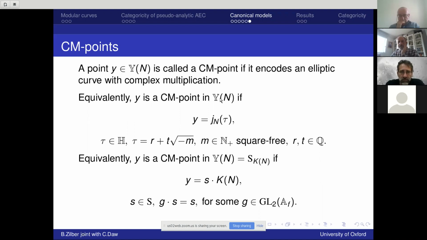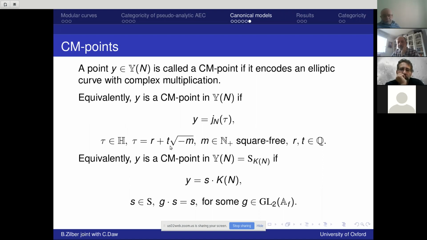You go to the cover, which means this tau is a point on the upper half plane, but you pick a point which is quadratic, which means that it has this form. This is obviously purely imaginary, and the r and t are rational numbers.